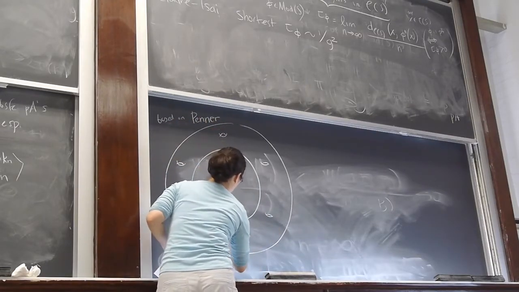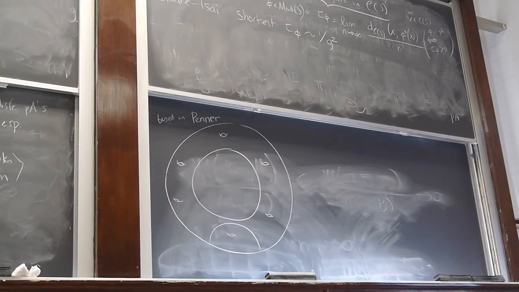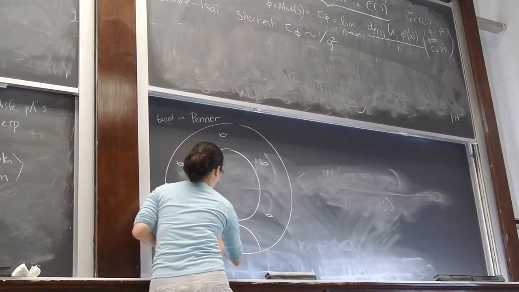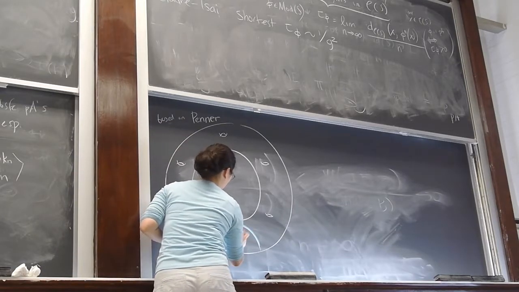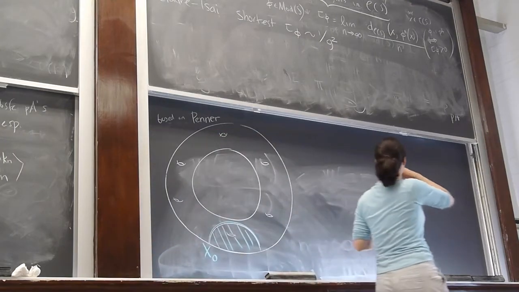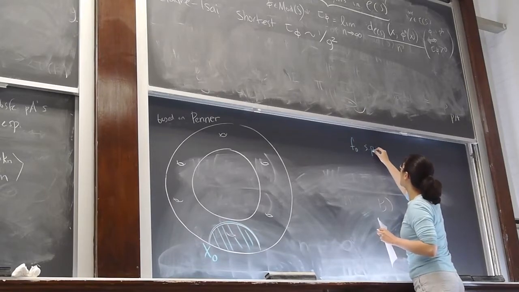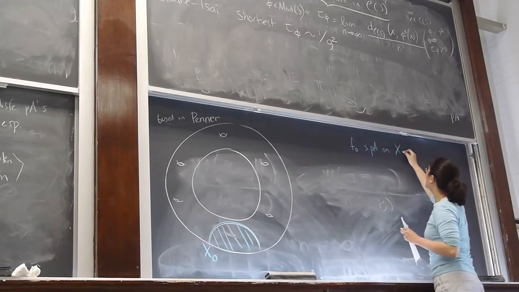I've got another once-punctured torus here. So I'll call that x0. And I'll say that f naught is one of my subsurface pseudo-Anosovs on x naught.